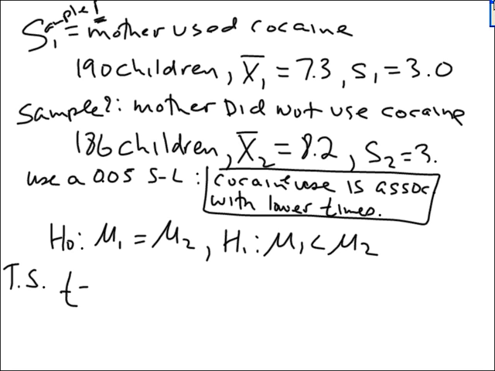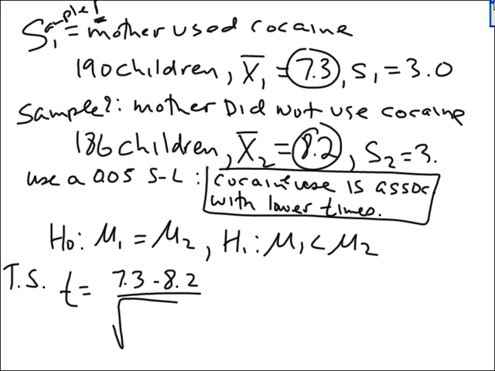We know that t is equal to x1 bar, 7.3, minus x2 bar, which is 8.2, divided by the square root of, now we do s1 squared. s1 is 3, you square it, you get 9, and you divide it by n1.